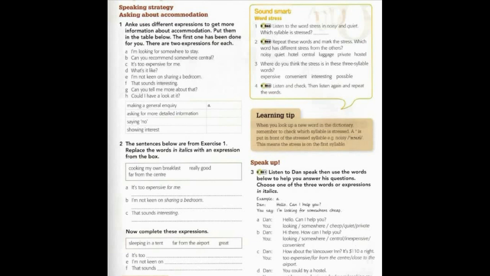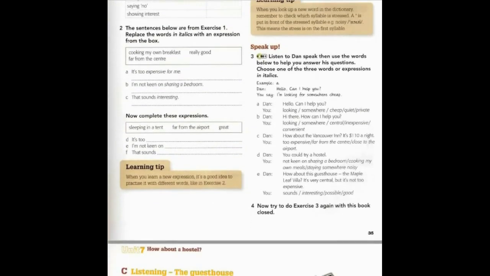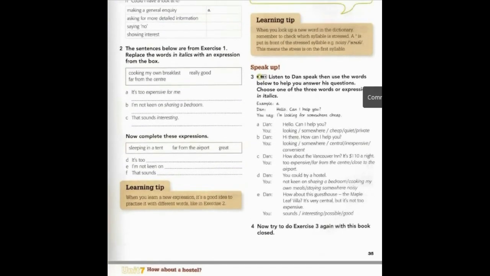How about the Vancouver Inn? It's $110 a night. You could try a hostel. How about this guest house? The Maple Leaf Villa. It's very central, but it's not too expensive.